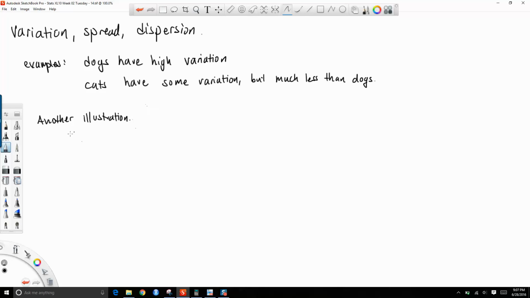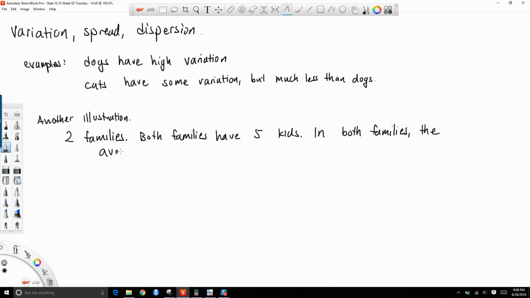Okay. Let's say we have two families. Both families have 5 kids, and in both families, the average age, or the mean age, is 9 years.